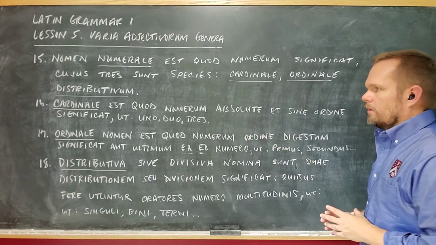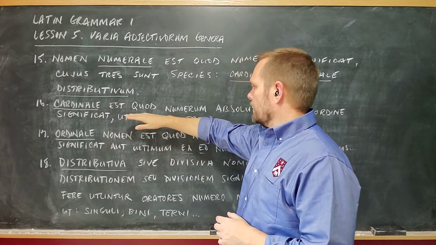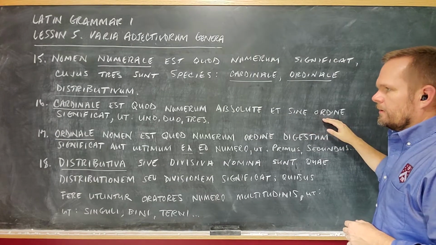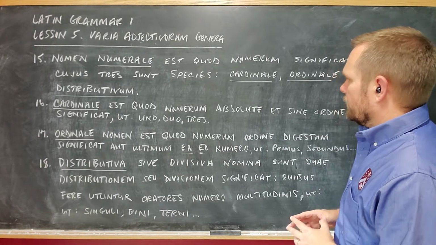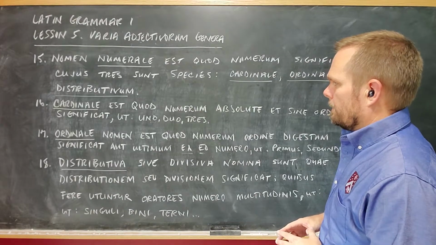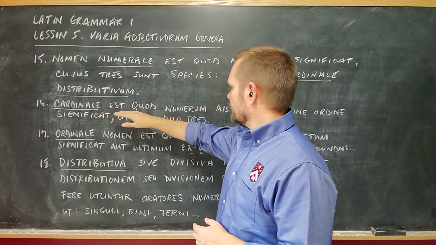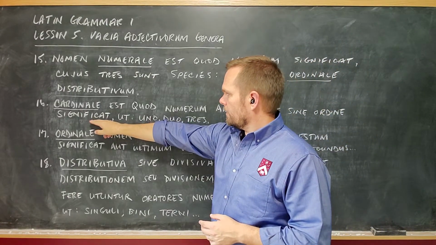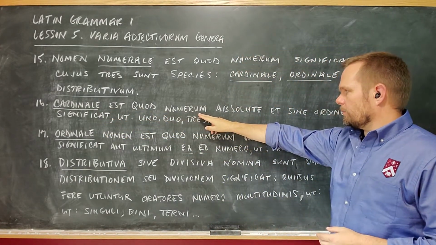First, cardinal numerals. The rule reads, Cardinale est quod numerum absolute et sine ordine significat. A cardinal numeral is that which signifies numerum, a number.